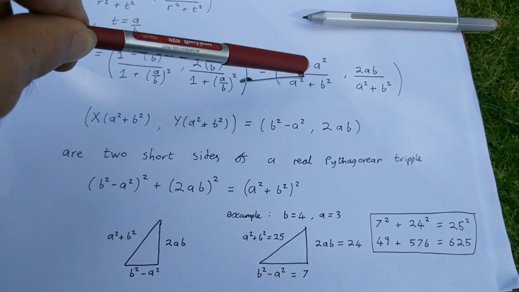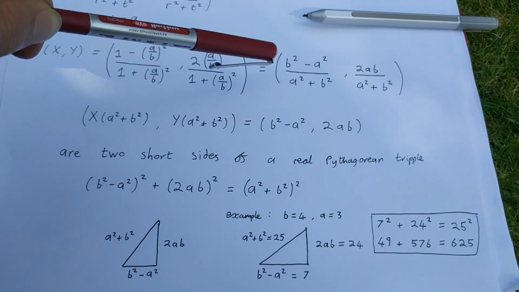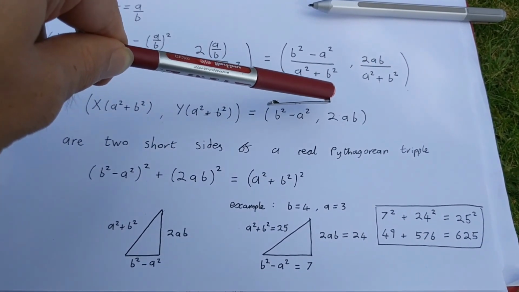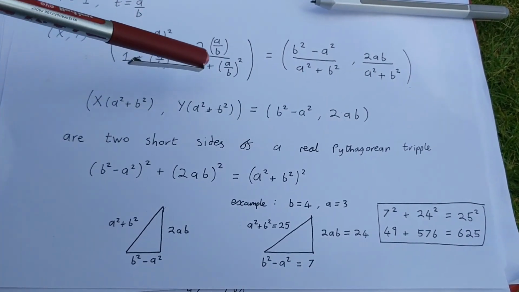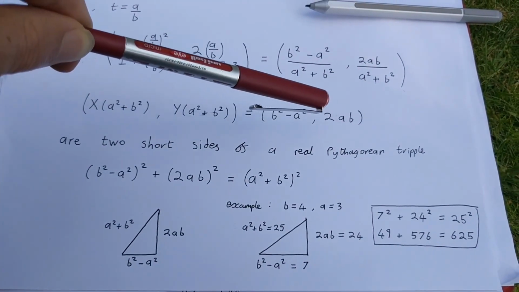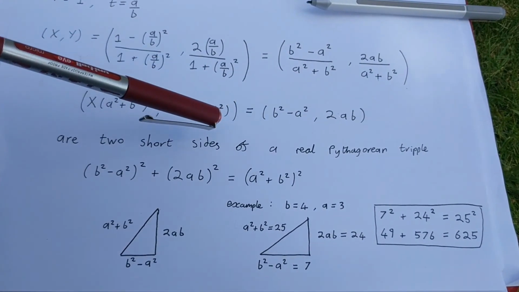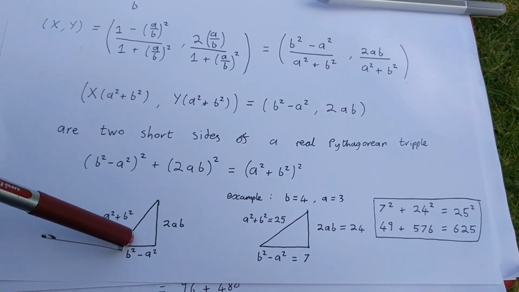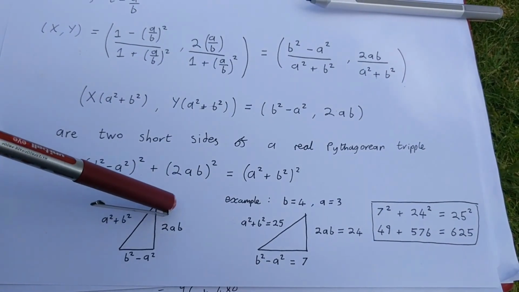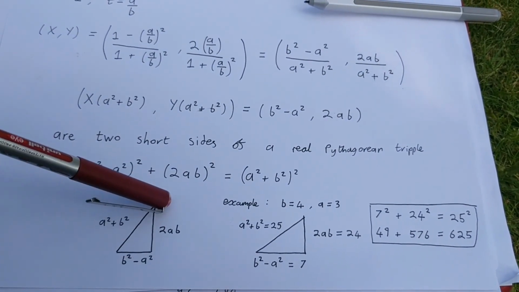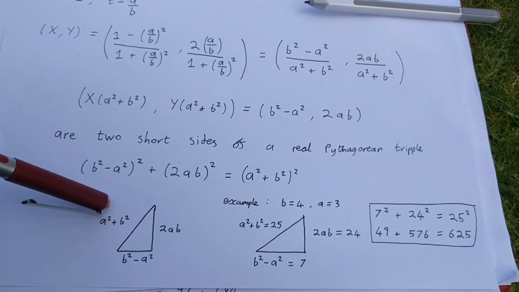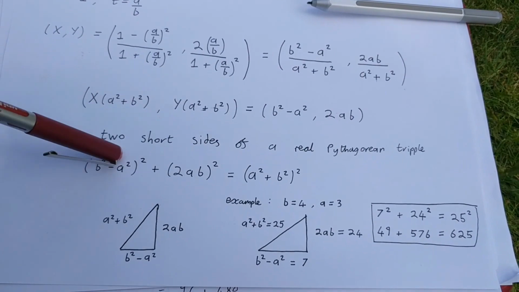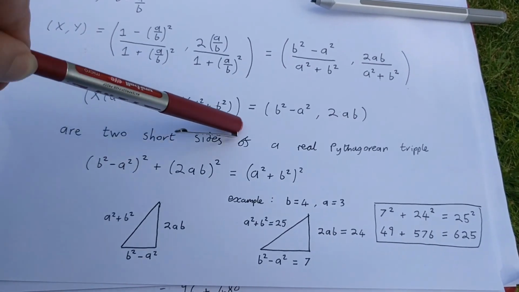You can pick any integers a and b, so b is not 0, and these will give you two sides of a Pythagorean triple. In other words, you can draw a right angled triangle. You can have one side b squared minus a squared, the other side 2ab, those are the short sides, and then the long hypotenuse will have length a squared plus b squared, and whatever integers a and b you pick, this relationship holds.